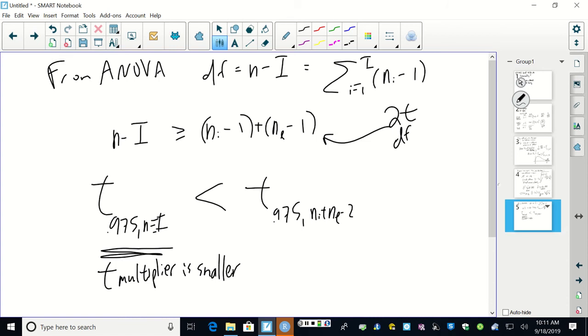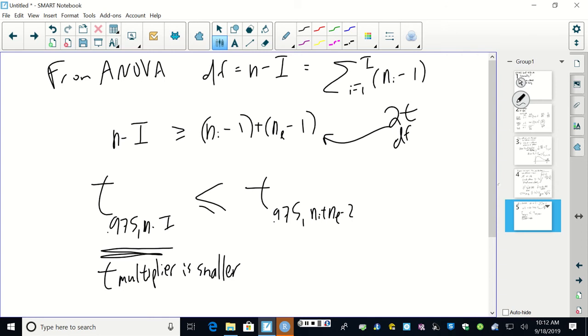So if we have a bunch of groups, and the pooling assumption that the variances are equal is roughly reasonable, then we get a smaller interval, which is nice. If there are only two groups, then it doesn't matter. The two sample t-test is going to be the same as the ANOVA with two groups. So that's good.